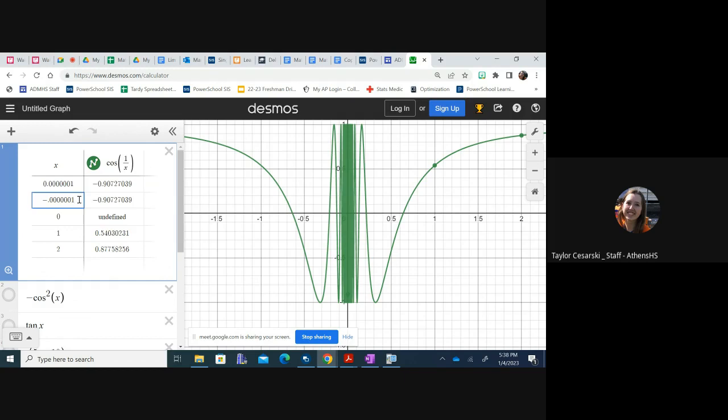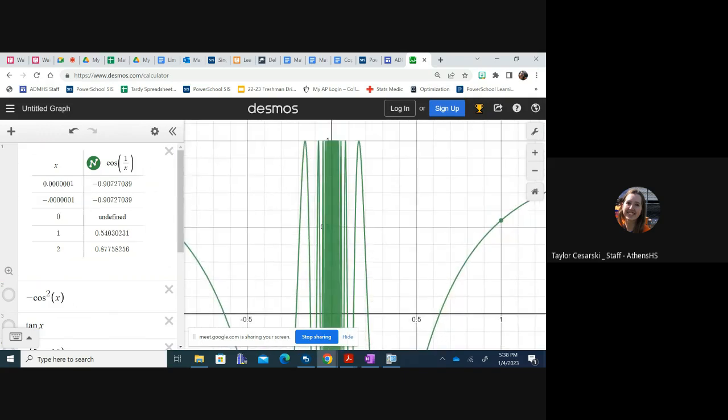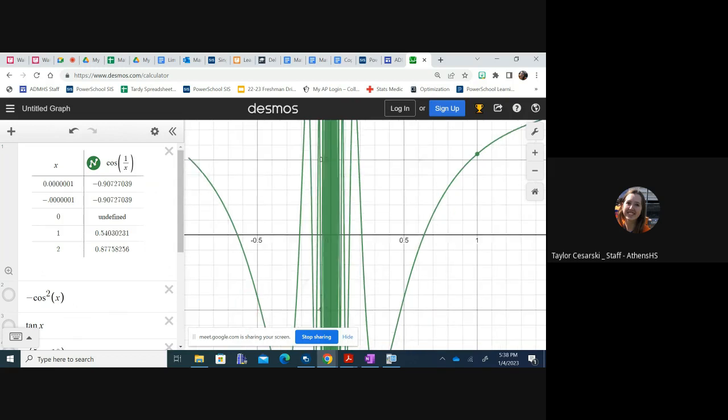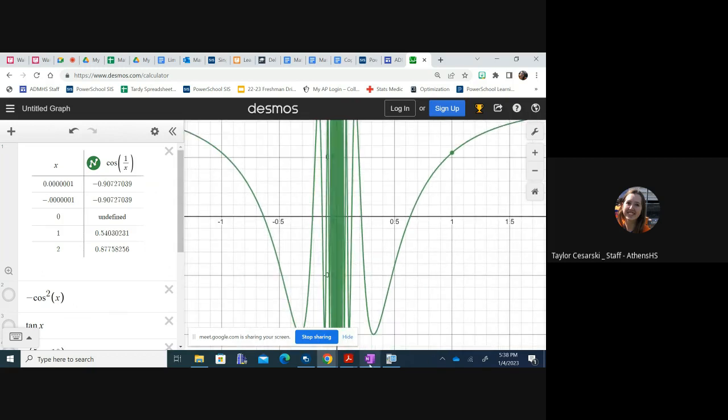And here it's at -0.9. So even though it's going to approach the same value here, that doesn't mean the limit exists, because if we look at our graph, it's going to be up and then it's going to be down. It's going to be up and then it's going to be down. So if I were to see that, you need to be able to recognize that on the graph, okay? To see, hey, that's oscillating, so that limit does not exist.